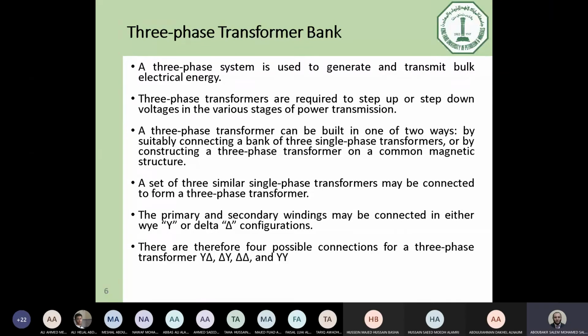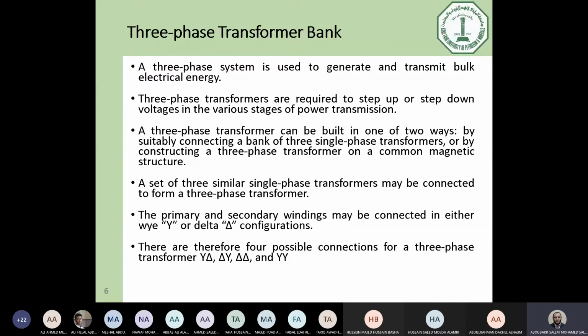The other way is to create or manufacture a magnetic core for the three phases of power. So either making three single-phase transformers or making one common core for a three-phase transformer. These are the two methods used in manufacturing three-phase transformers.